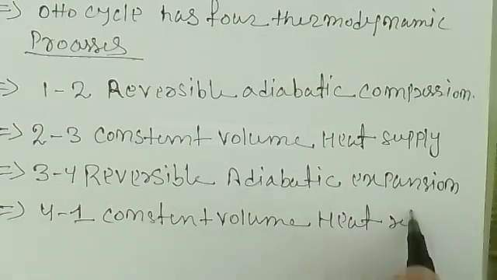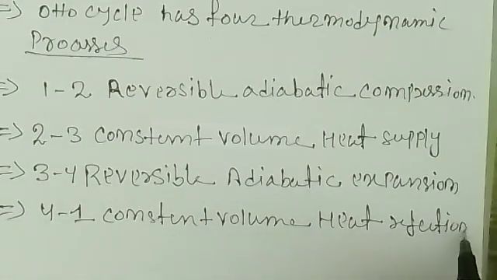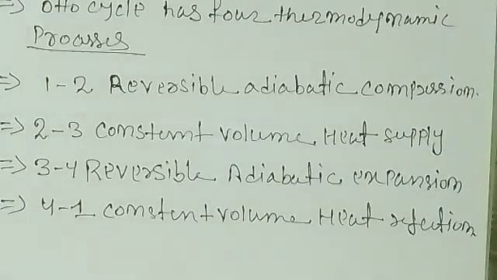These are the four processes executed in an Otto cycle, or the air standard SI engine: 1 to 2 reversible adiabatic compression, 2 to 3 constant volume heat supplied, 3 to 4 adiabatic expansion, 4 to 1 constant volume heat rejection.